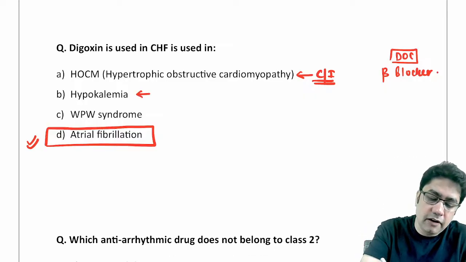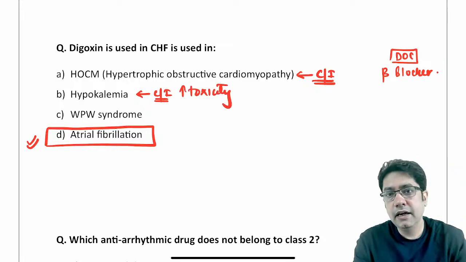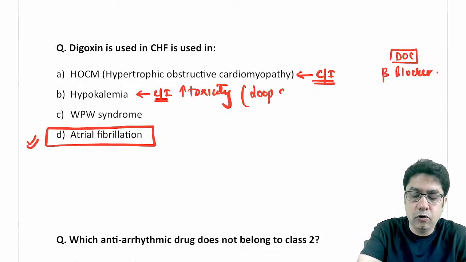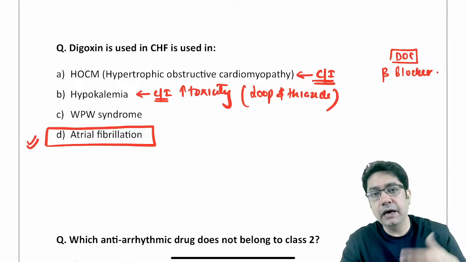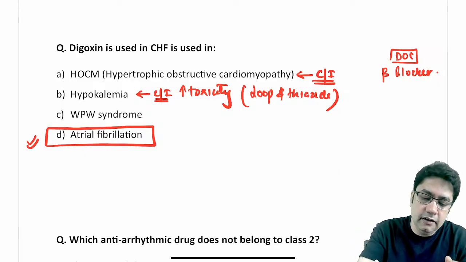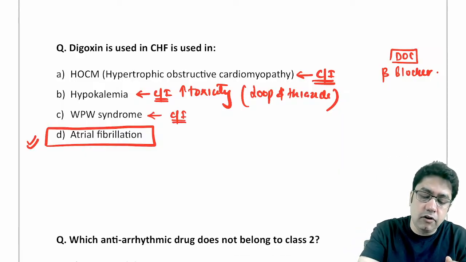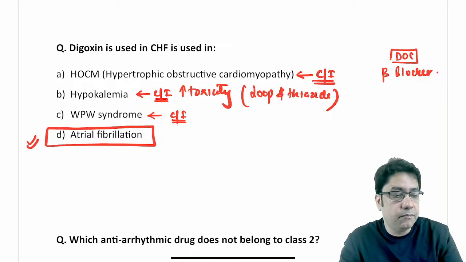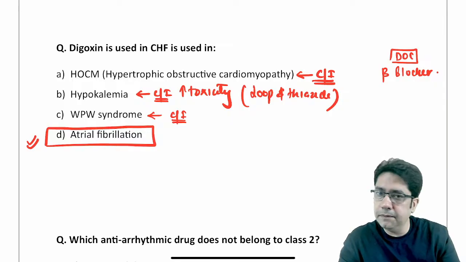Digoxin is absolutely contraindicated in hypokalemia because hypokalemia can increase toxicity of digoxin. And two drugs which themselves can cause hypokalemia are loop and thiazide diuretics. So loop and thiazide, by producing hypokalemia, can lead to digoxin toxicity, and digoxin is absolutely contraindicated in WPW syndrome, which is Wolff-Parkinson-White syndrome.